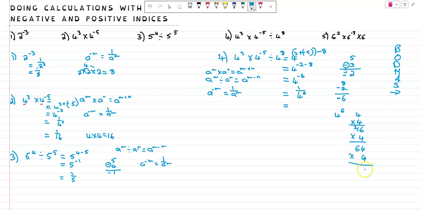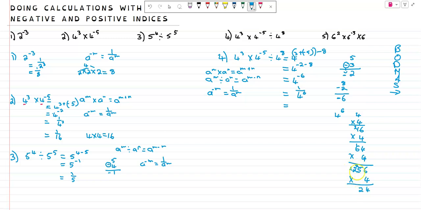4 times 4 gives us 16. Carry the 1. 4 times 6 gives us 24, plus 1 gives us 25. Times 4 again. 4 times 6 gives us 24. 4 times 5 gives us 20, plus 2 gives us 22.